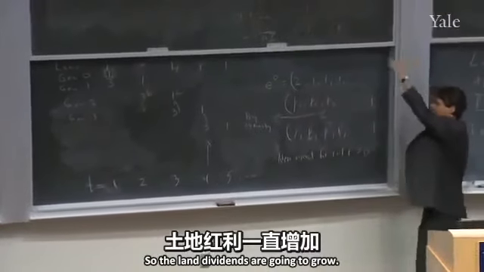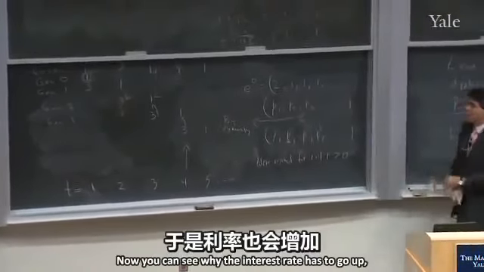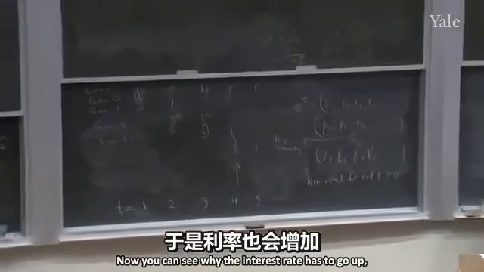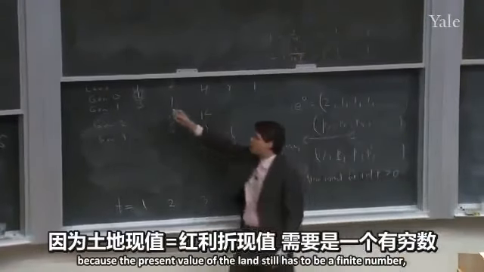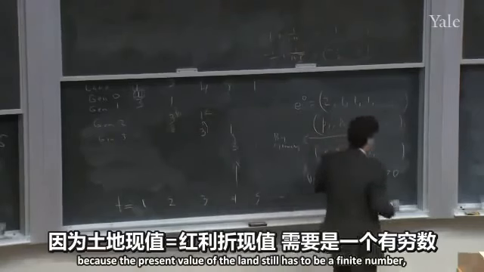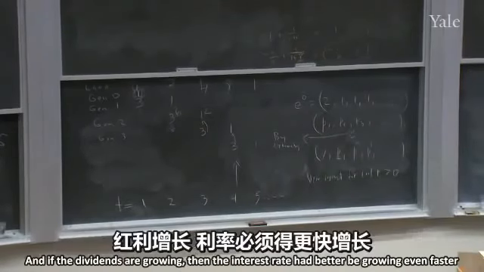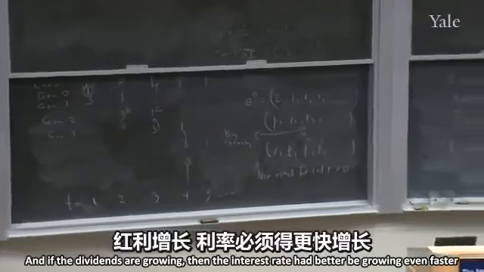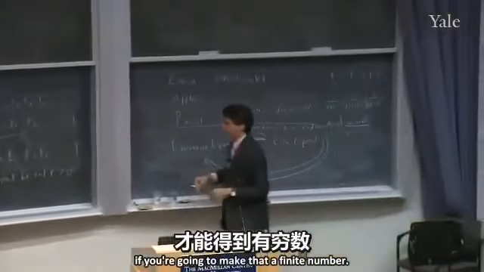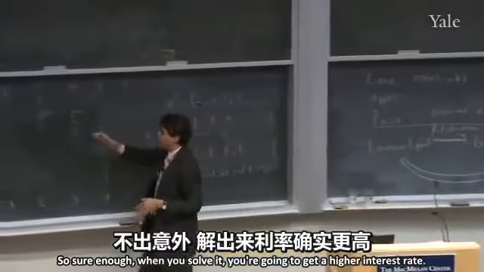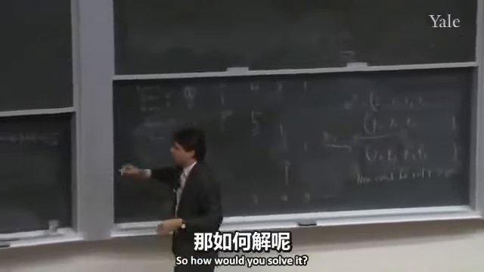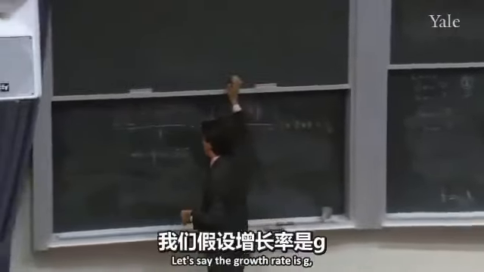Okay, so the land dividends are going to grow. And so now you can see why the interest rate has to go up, because the present value of the land still has to be a finite number, the present discounted value of the dividends. And if the dividends are growing, then the interest rate had better be growing even faster if you're going to make that a finite number. So sure enough, when you solve it, you're going to get a higher interest rate. Okay, and so how would you solve it?